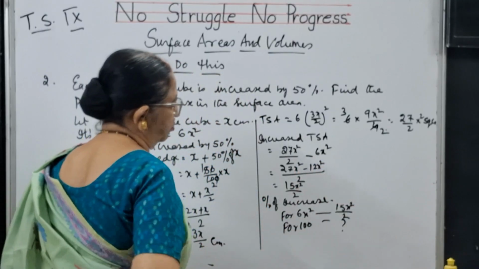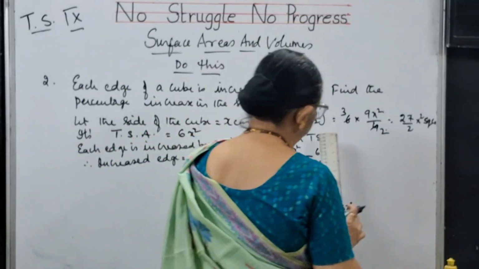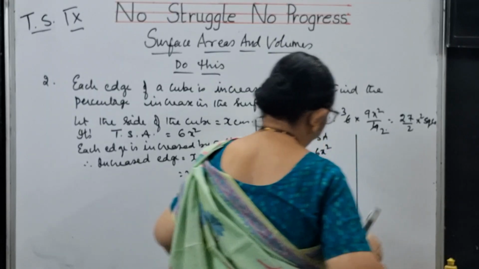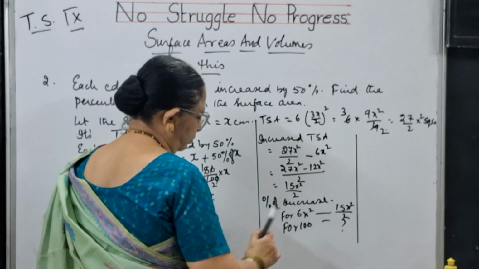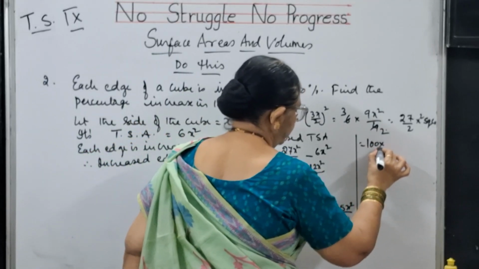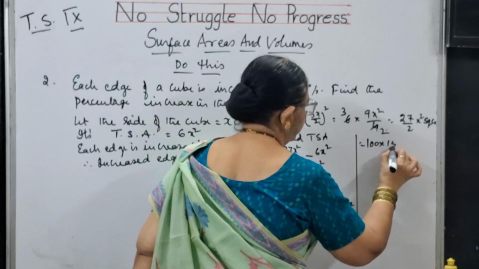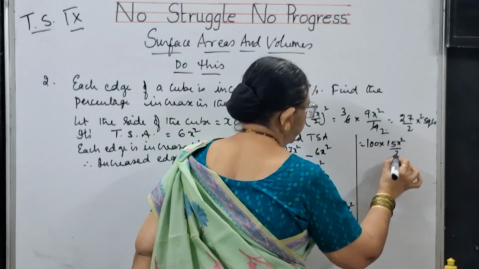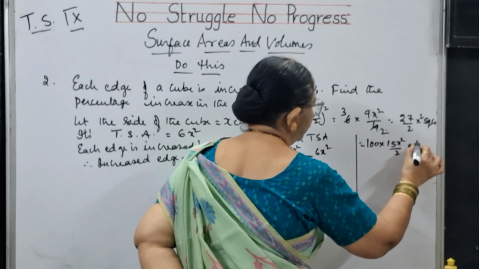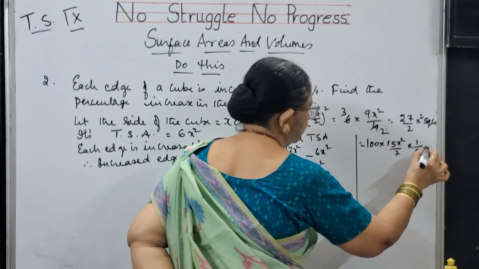This is the step, children, that you need to use. This will be the easiest way of learning this problem. So, percentage you want means you have to write like this. So, how much are you getting? 100 into 15x square by 2 divided by 6x square.